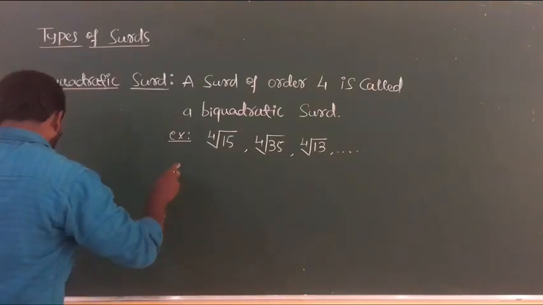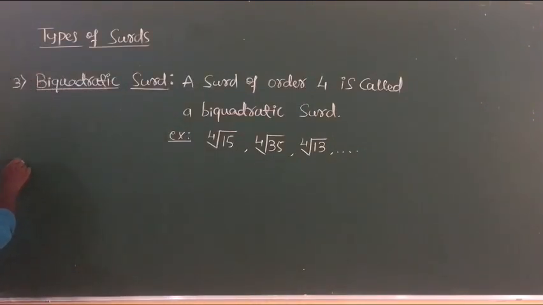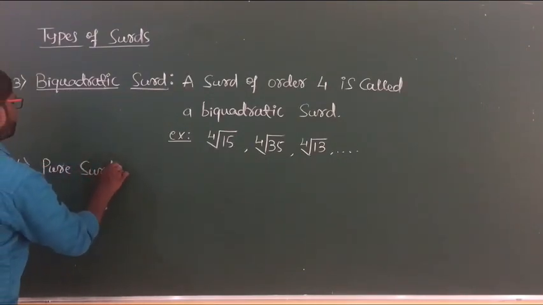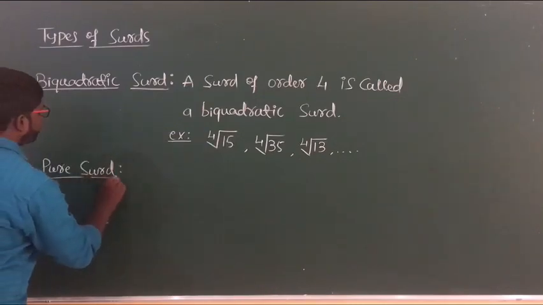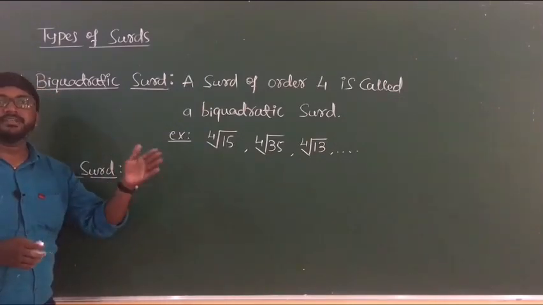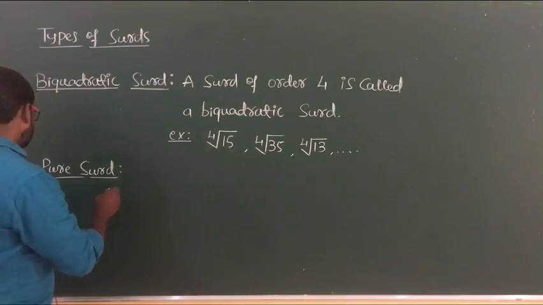Then the next type is pure surd, the fourth one. Let us go for the definition of a pure surd and then we'll give the examples.